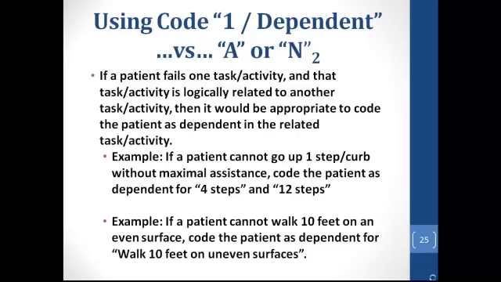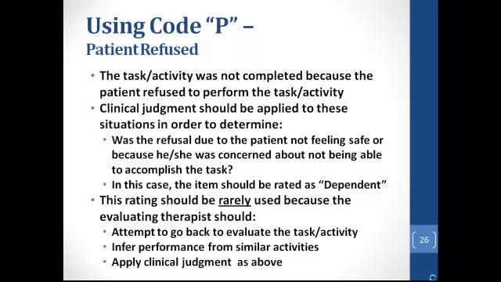The last alpha score is P. P should be chosen when the task or activity was not completed because the patient refused to perform the task or activity. Clinical judgment should be carefully applied to these situations in order to determine if the refusal was due to the patient not feeling safe, or because he or she was concerned about not being able to accomplish the task.